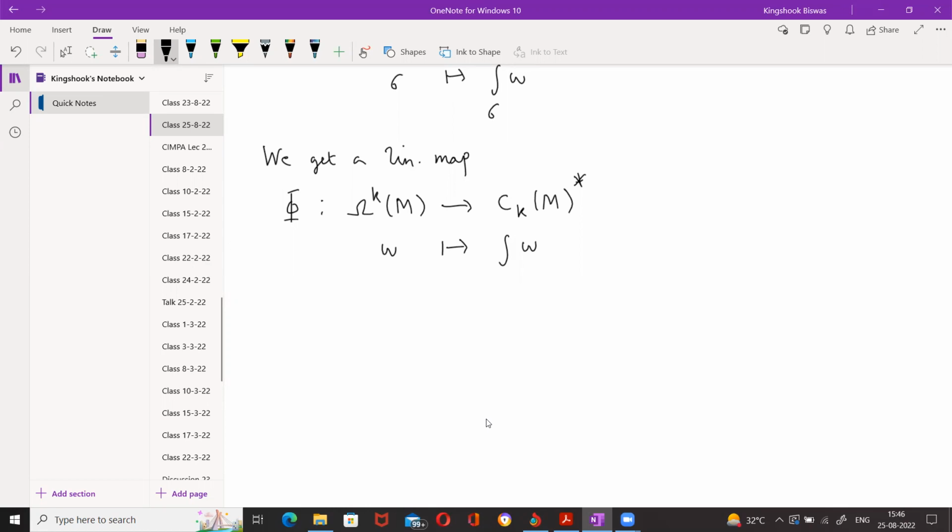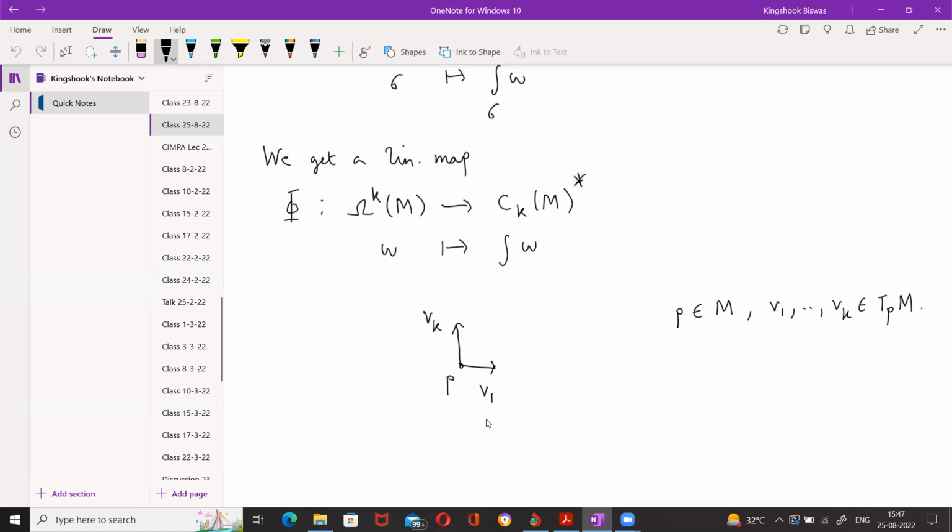Suppose I take a point p in M, and I take tangent vectors v_1 up to v_k in T_pM. Somehow I want to get the value of omega acting on these vectors from integrals. So what's the idea?